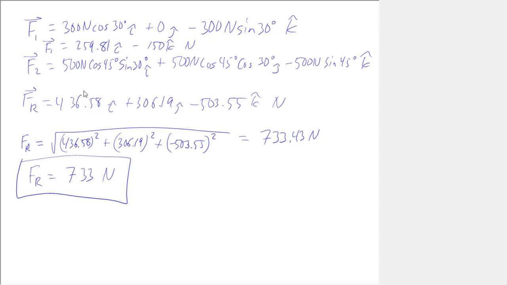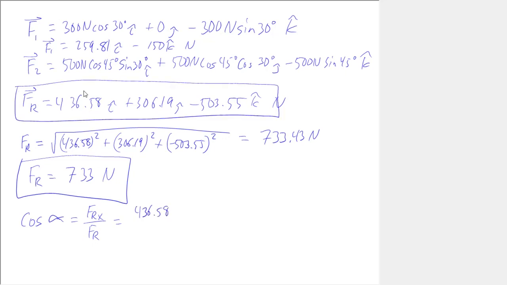You guys remember that equation? Cosine of alpha is Ax over A, or in this case, FRx over FR, which would be, what's FRx? 436.58. I'm getting it directly from Cartesian vector notation.